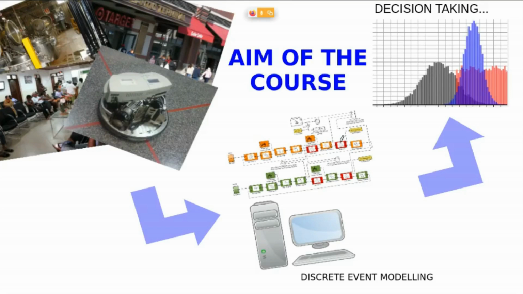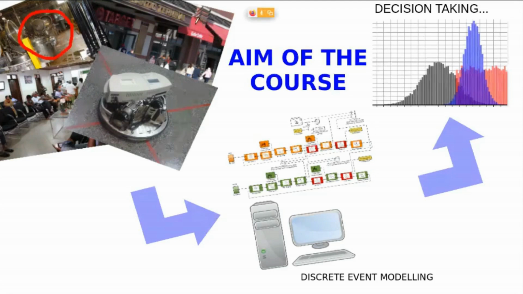Well, first of all, what's the aim of the course? Here in this course, we will look at processes from a high consideration level, because we will deal with production processes. As you can see here, we have a dyeing process, a textile process.